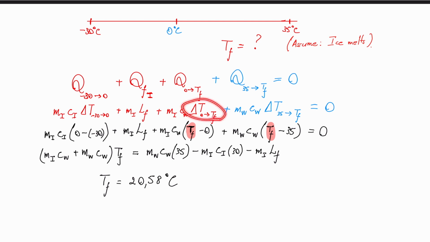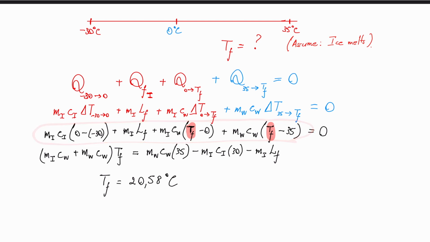And the temperature change is the one from 0 to our new final temperature, TF. And obviously, this blue part corresponds to the mass of that which was initially water when we began this experiment, times the specific heat capacity of the water, times the temperature change in going from 35 to our new final temperature, TF.